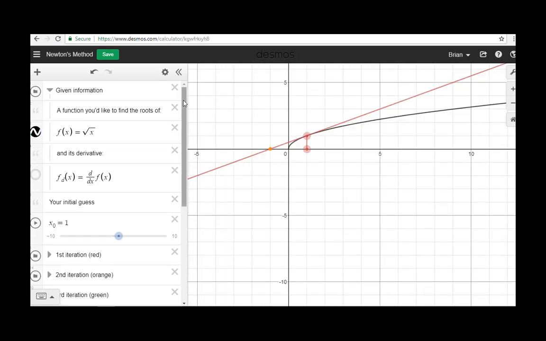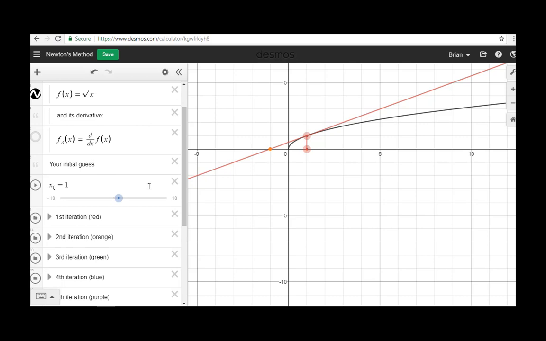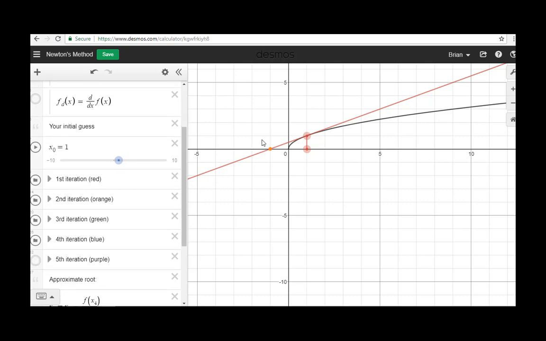And then, just to discuss another possible scenario where Newton's method could fail, it could be based on the domain of the function. So here I'm graphing square root of x, and of course the x-intercept is at the origin. But if I take any guess, really, I'm picking x equals 1 as my first guess, but I could pick any guess here, and we can see what's going to happen is my first x-intercept is going to go here, and then it's going to look for the function, and there is no function here.